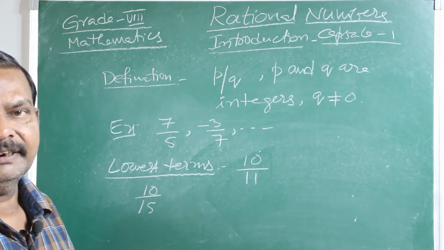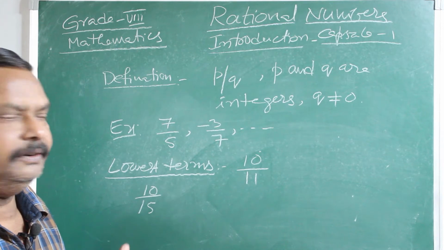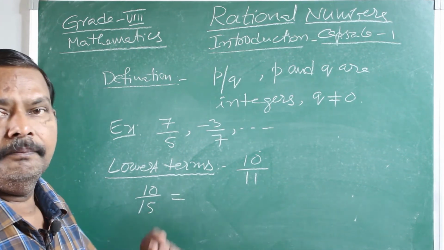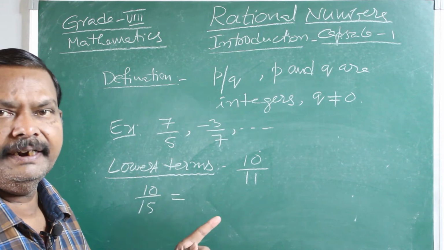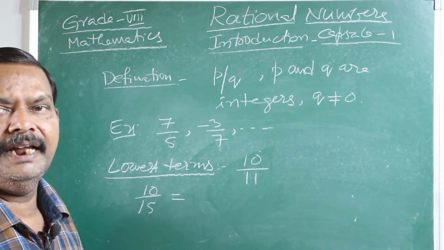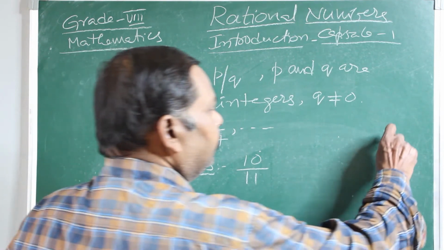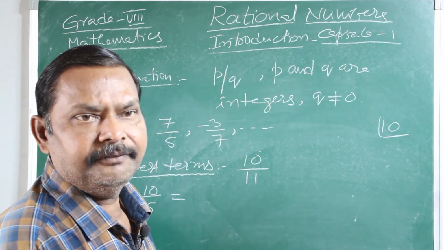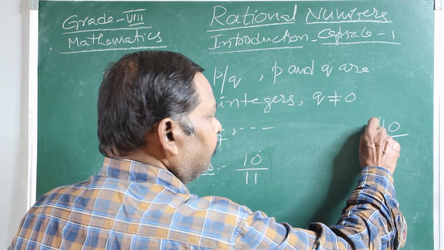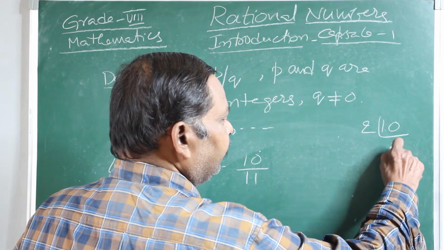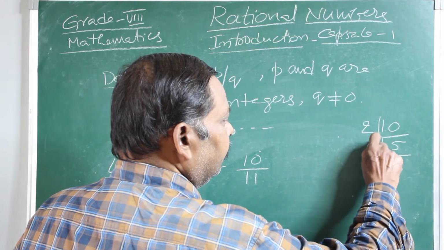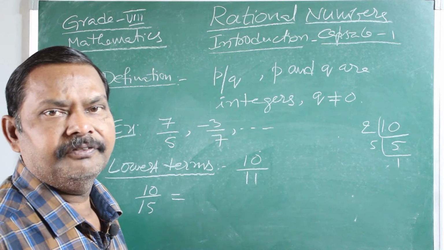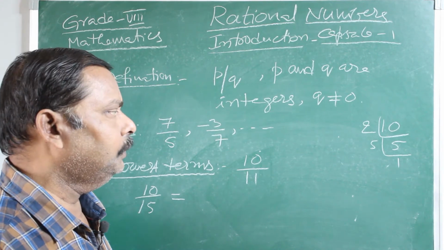Definitely there are common factors between 10 and 15. So first of all, let us prime factorize the numerator and prime factorize the denominator. Let us prime factorize 10 first. Let's start with 2. 2 5s are 10 and 5 1s are 5. So the prime factors of 10 are 2 and 5.